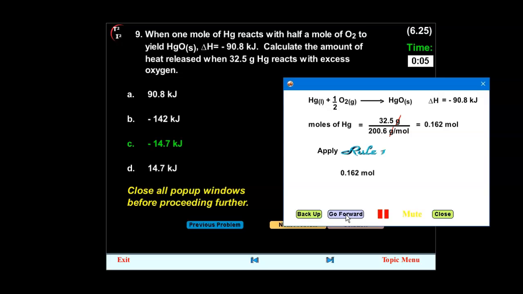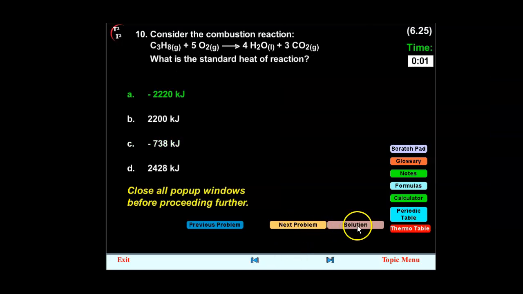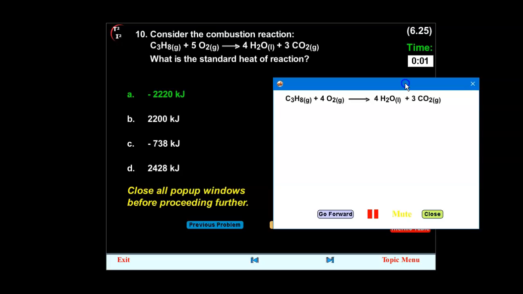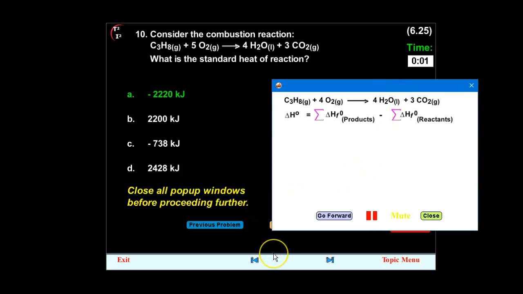Apply Rule 1. 0.162 moles times negative 90.8 kilojoules divided by 1 mole equals negative 14.7 kilojoules. Delta H naught equals the sum of the standard enthalpy of formation of the products minus the sum of the standard enthalpy of formation of the reactants.